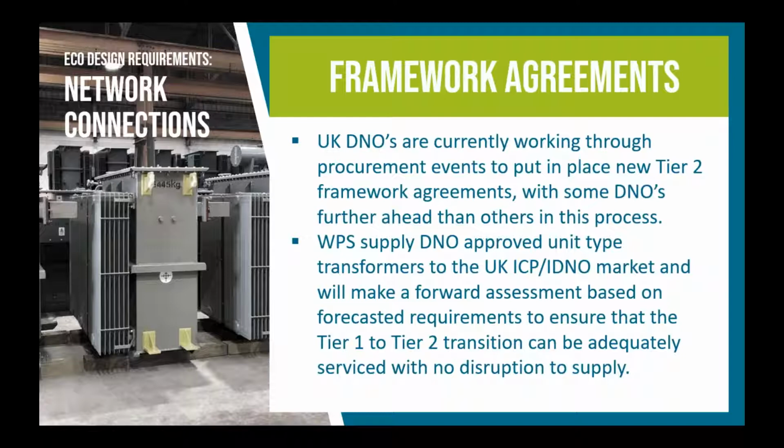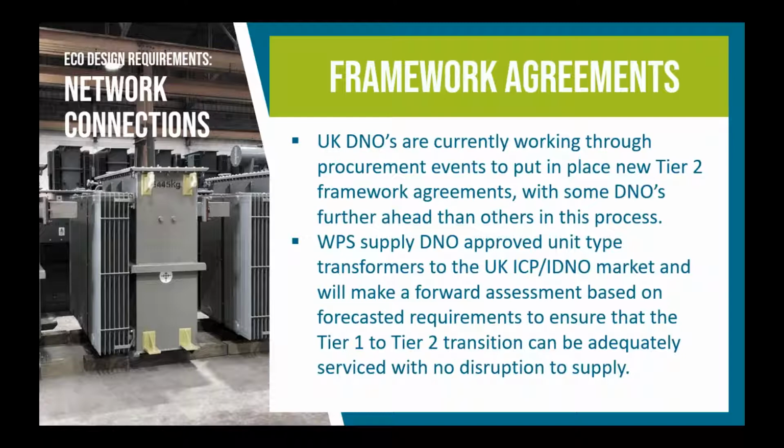The contract is deemed to have come into force on the date of the signature by the parties. Now, UK DNOs are currently working through procurement events to put in place new Tier 2 framework agreements. Some DNOs are further ahead in the process than others. We all know that DNOs have longer approval procedures than industrial customers.